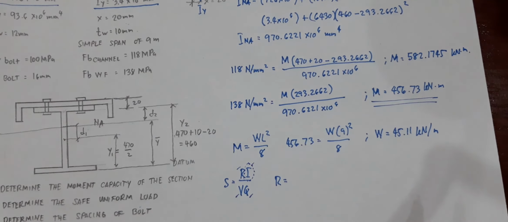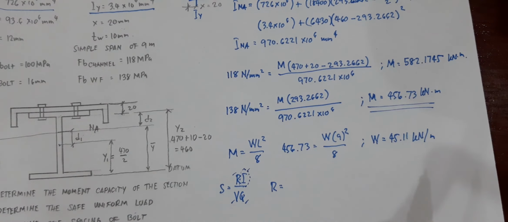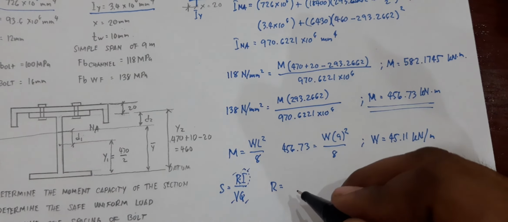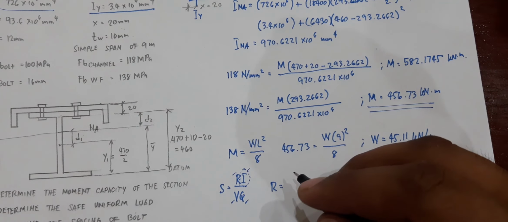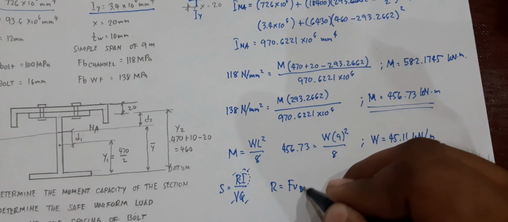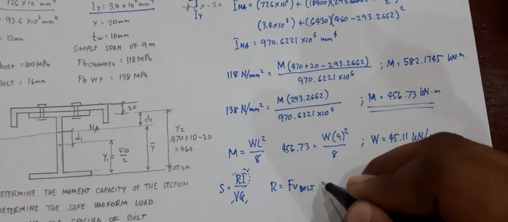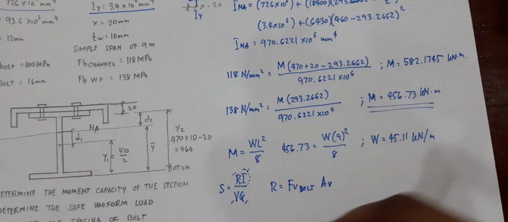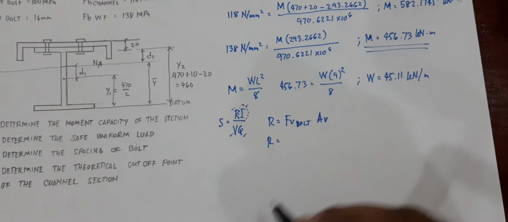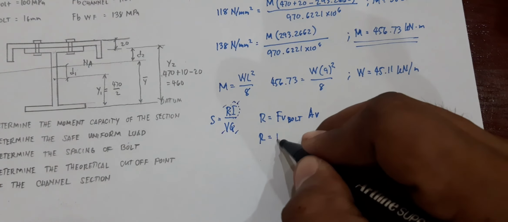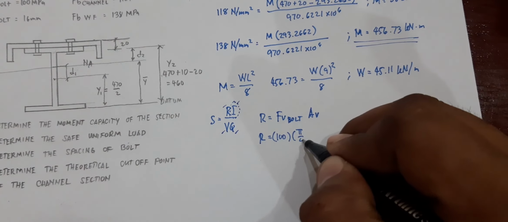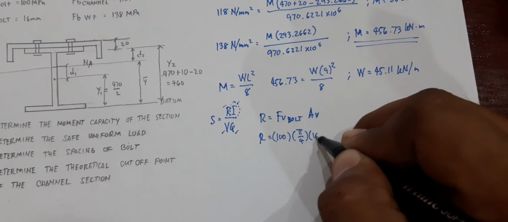What is R? R is the shear force carried by your bolt. R using simple stress: R is equal to your allowable shear stress FB of bolt times the area of your bolt. So you would have here R is equal to 100 newtons per mm square times pi over 4 times diameter square.